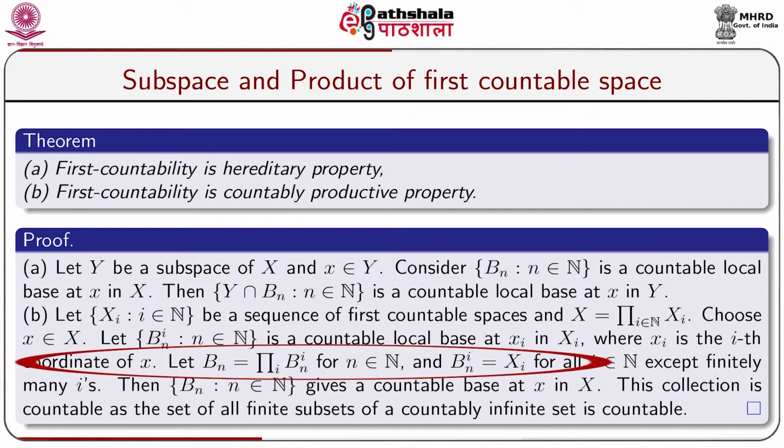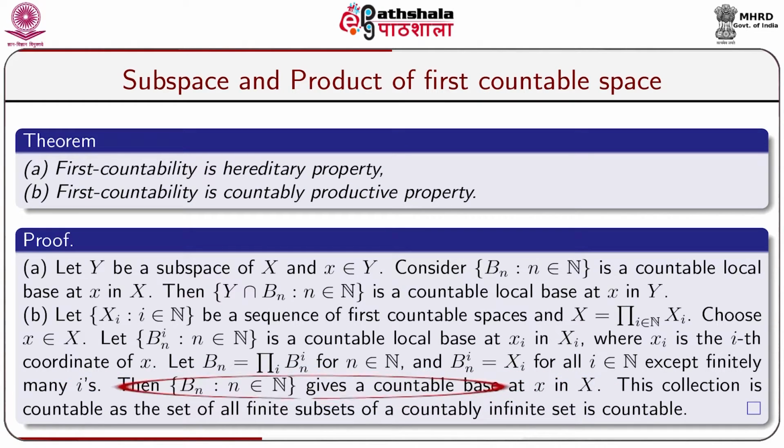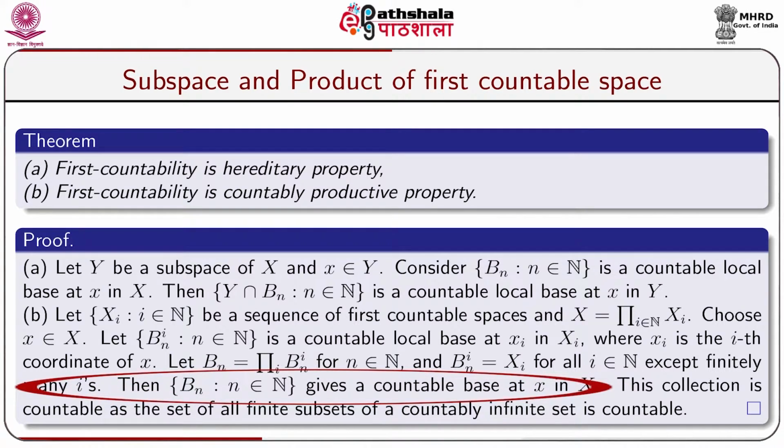Let capital Bn be equal to the product of Bin over i, for all n belonging to capital N, where Bin is equal to Xi for all i belonging to capital N except finitely many i's. Then the collection Bn such that n belongs to capital N gives a countable basis at x in capital X.